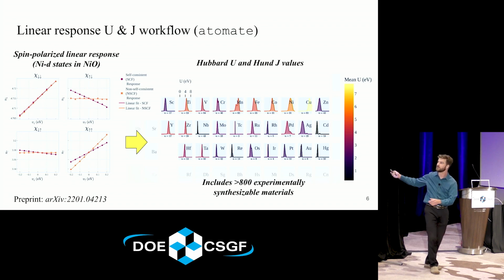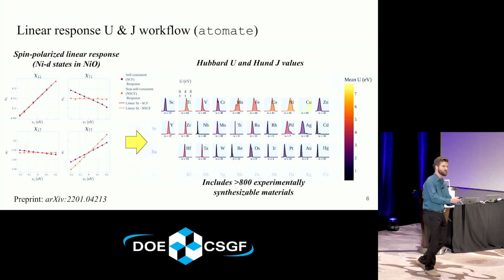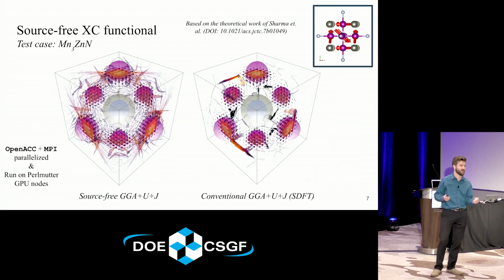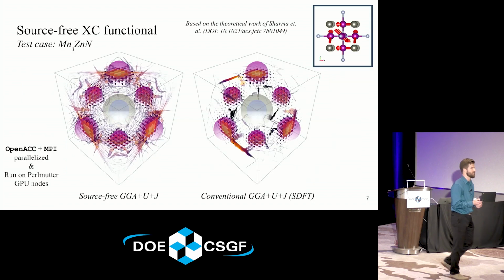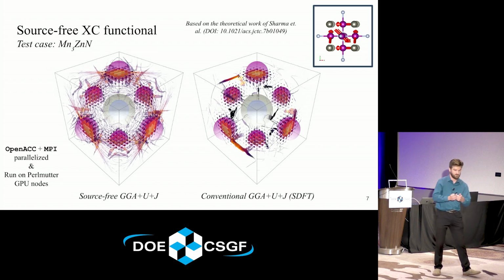We performed a high throughput study where we calculated the distribution of these U and J values across the periodic table. Because people usually use one U value for all elements, we're showing that we need to be a little bit more careful in how we choose U and J, especially for magnetism, where U and J values have a very strong effect on the magnetic ground state, especially J values, which actually incorporate the exchange between electrons of different spin.